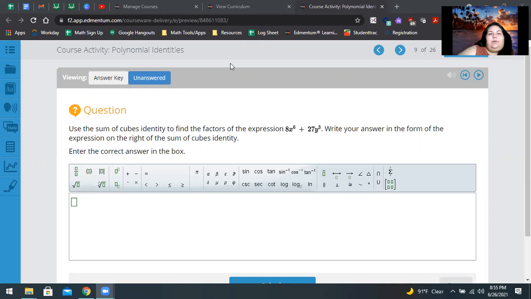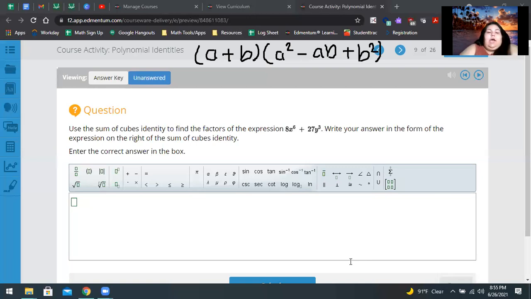So if you recall, the sum of cubes identity is A plus B, parentheses, then it is A squared minus A times B plus B squared. So again, all we gotta do is just identify our A and B.